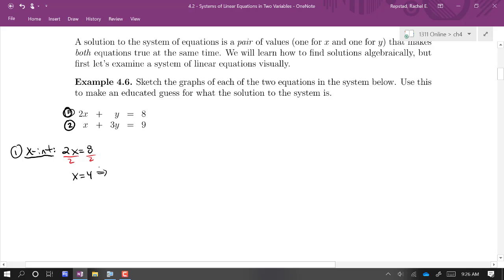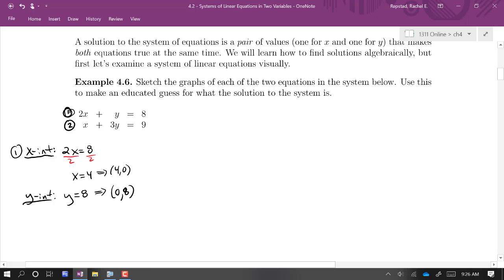And so our first line has an x-intercept of (4, 0). To find the y-intercept in that first equation, we set x equal to 0, and we get the equation y equals 8. So the first equation has a y-intercept of (0, 8).